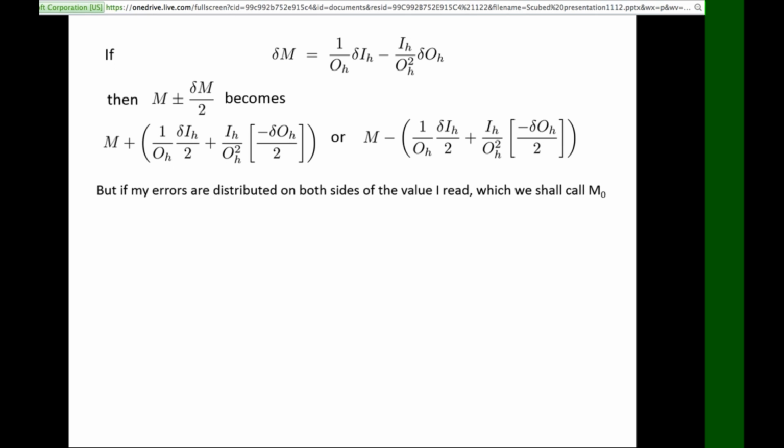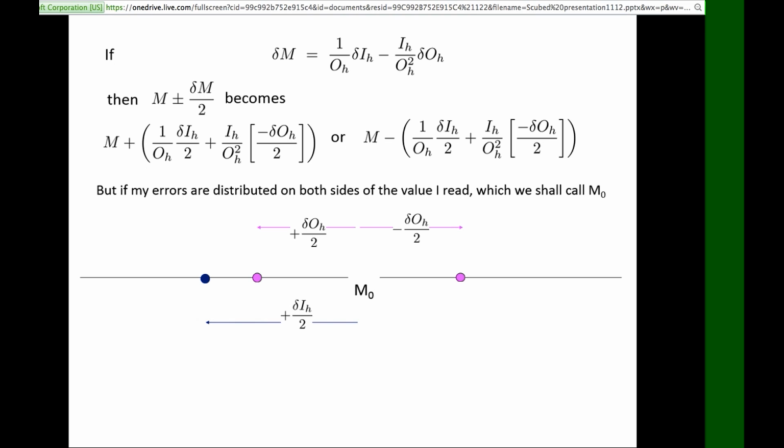However, if my errors are distributed on both sides of the value I read, which we shall call m0, that is, I've measured the value m0, and the errors are distributed on both sides of m0, as we've already discussed, plus delta OH on 2 in front, and minus delta OH on 2 after m0. The same holds for the image height, plus delta IH on 2 in front, and minus delta IH on 2 after m0.